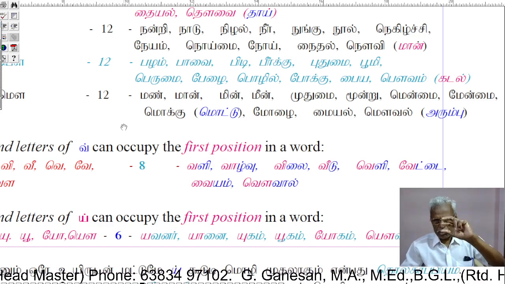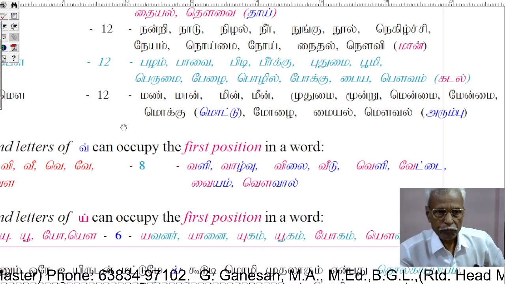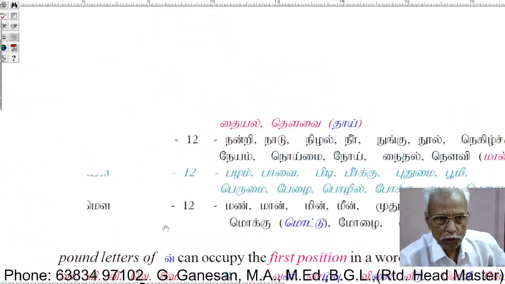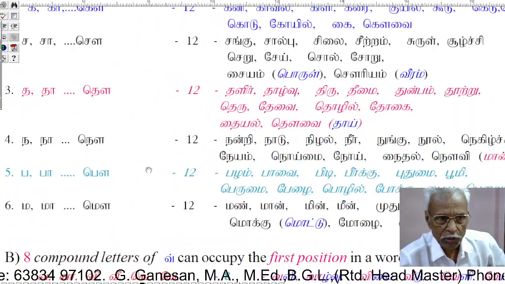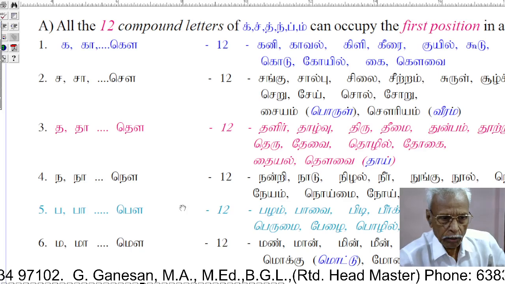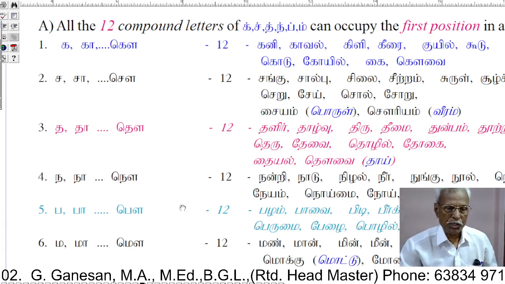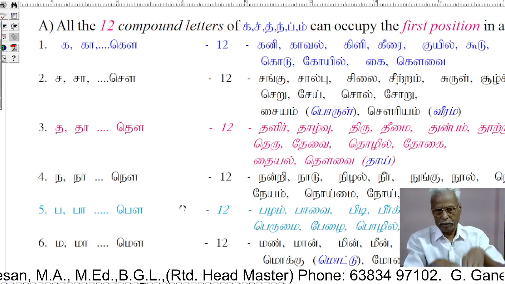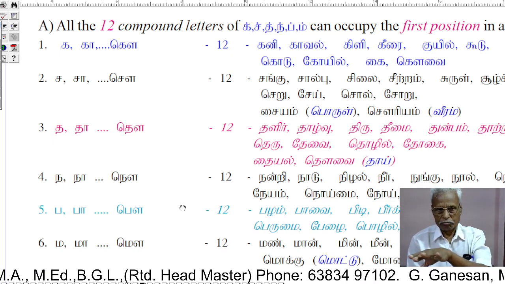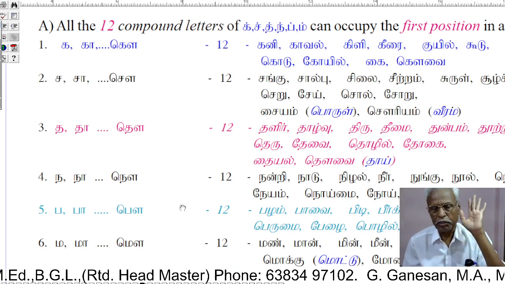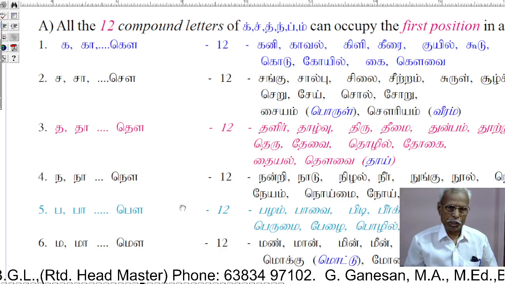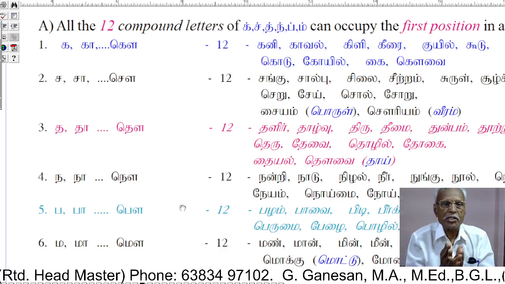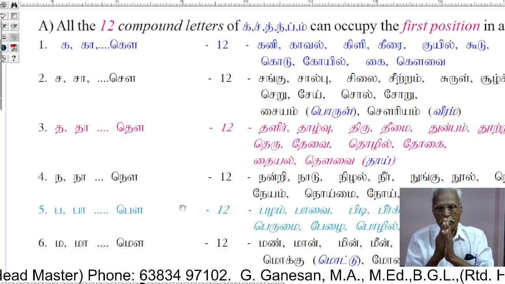Maval is also bud. Thus, the 12 compound letters of the 6 consonant letters, ik, ich, it, in, ip, im, their entire families of 12 compound letters each, could occupy the first position in a word in Tamil.